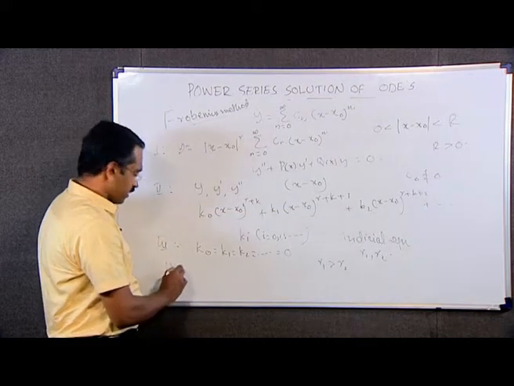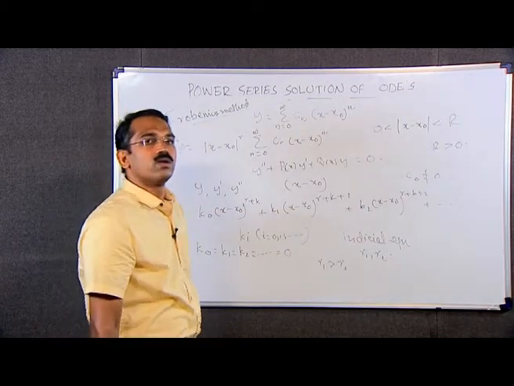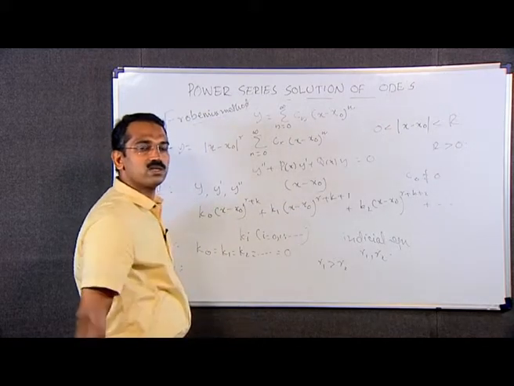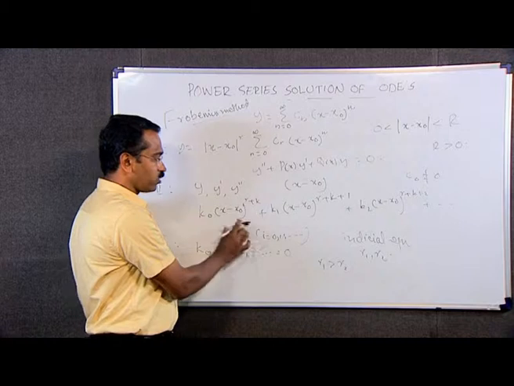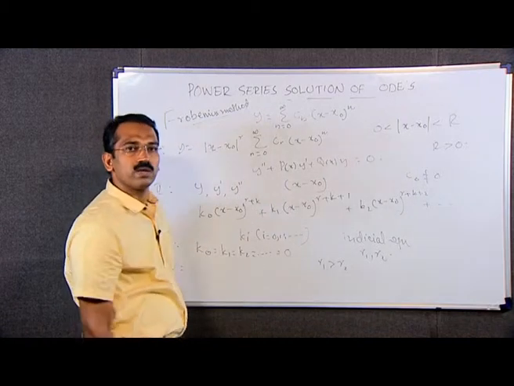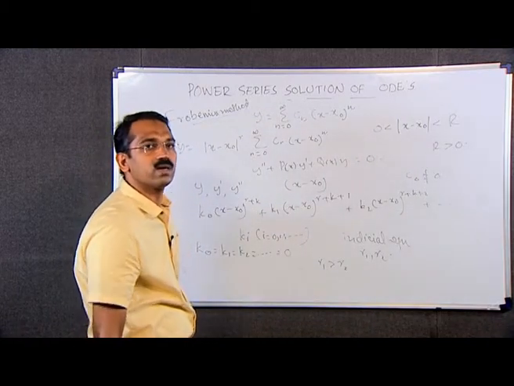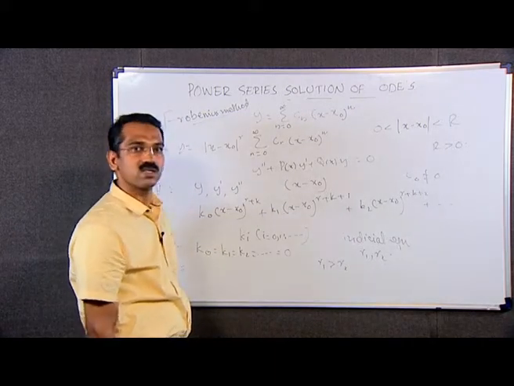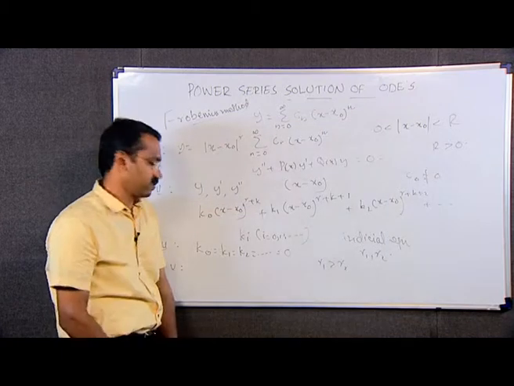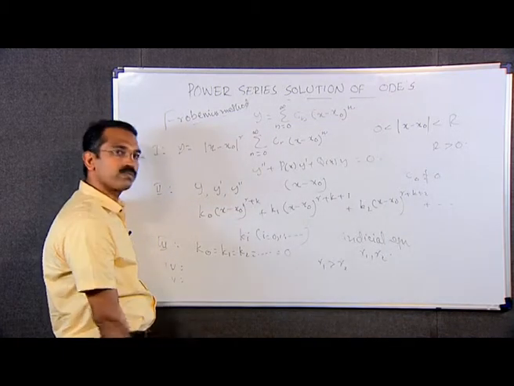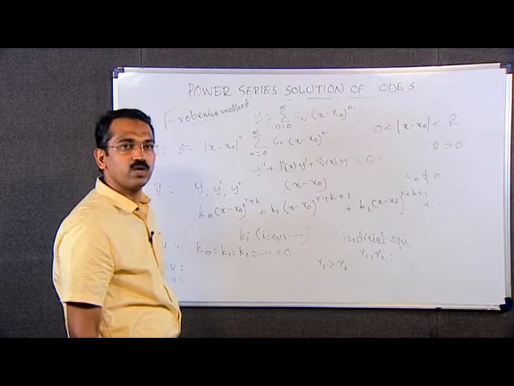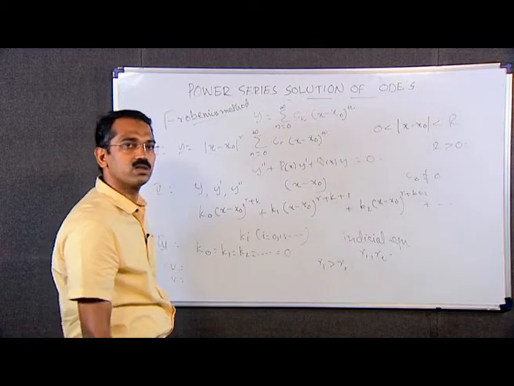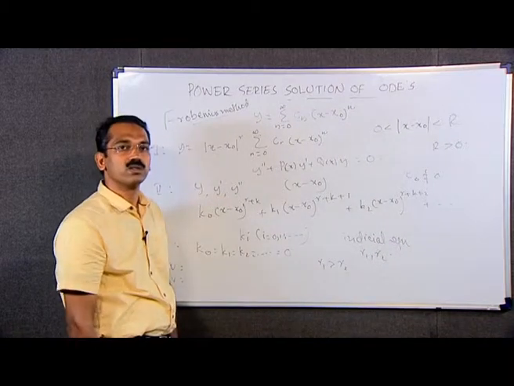The fourth step is, when r is known, solving the equations k1 equal to 0, k2 equal to 0 etc. we determine completely the unknown coefficients Cn's. And the fifth step is let y1 of x and y2 of x be two non-trivial linearly independent solutions of the given differential equation.